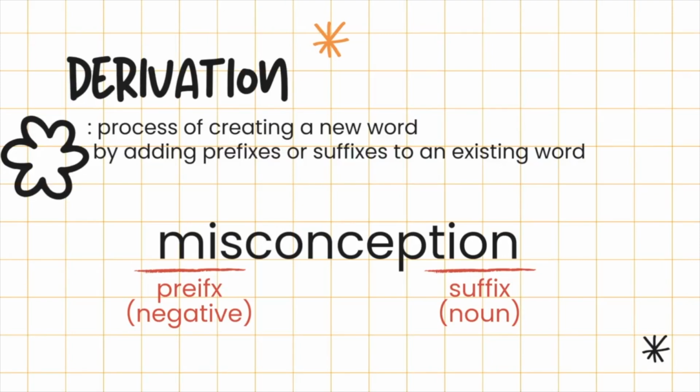Then there's derivation. A good example is the word misconception. If someone didn't know what the word concept means, he or she could still guess what the word misconception means because of the prefix mis, which signifies something negative, and the suffix ion, which indicates that it is a noun.